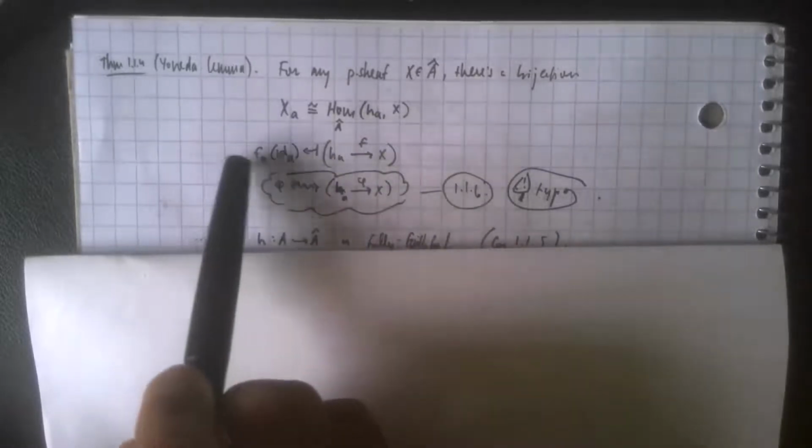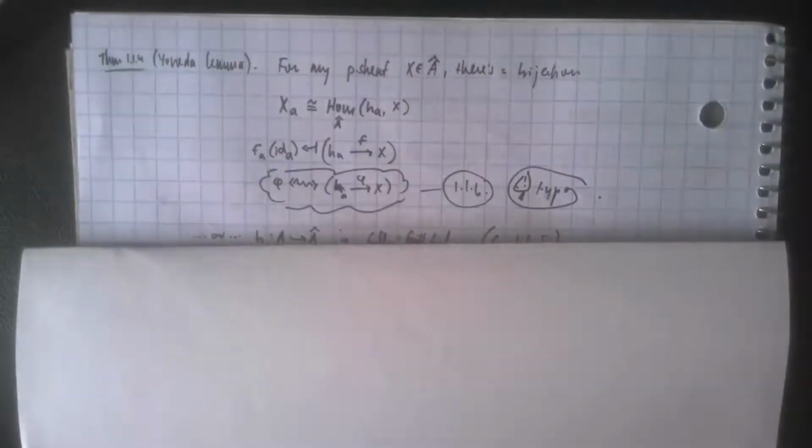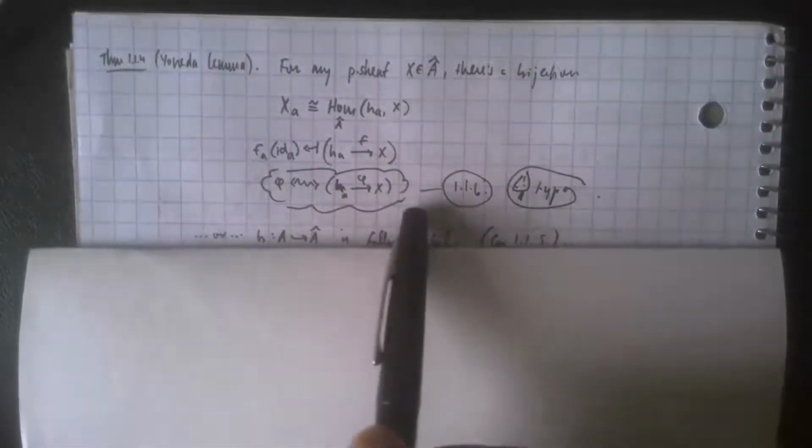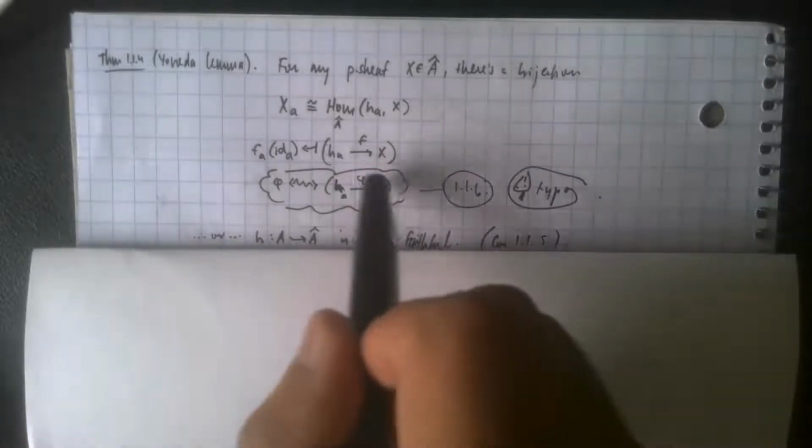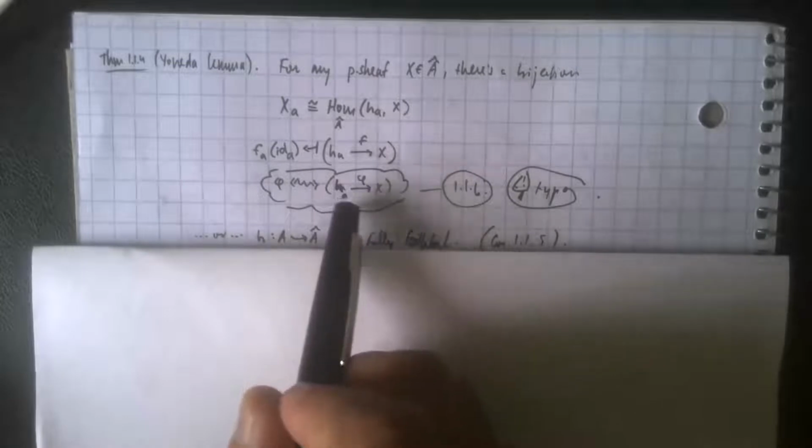So a map of presheaves gets sent to the image of whatever the thing is on the fiber on the identity of A. You can check the book for this more explicitly. I also wanted to mention that there's, I think, a typo in 1.1.6, where he has F from A to X, and there should be F from H_A into X. Not a big deal, but there's a typo.